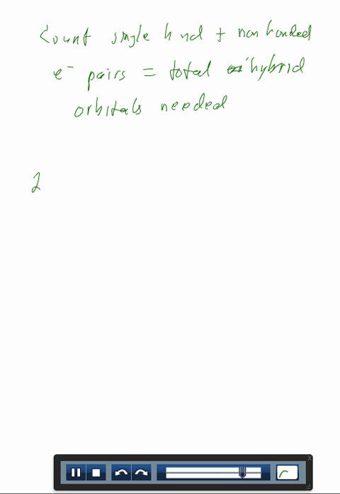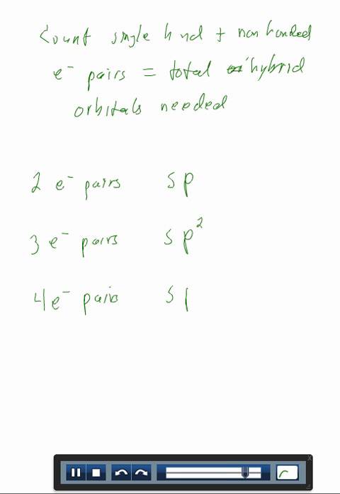If you have 2 total electron pairs, you would only need an s and a p. If you have 3 electron pairs, you would need an s and 2 p's. And if you have 4 electron pairs, you would need an s and all 3 of the p orbitals. We write this as a superscript. It's not actually p cubed. It's just a linear sum, s plus p plus p plus p, to make the hybrid orbitals.